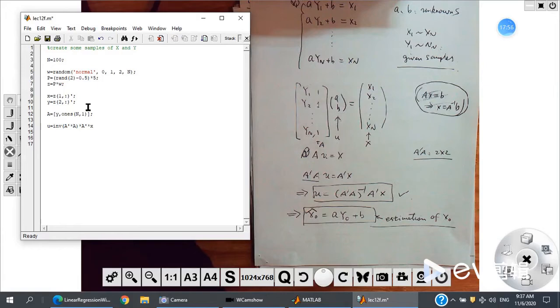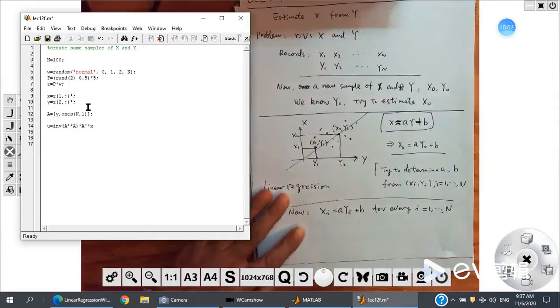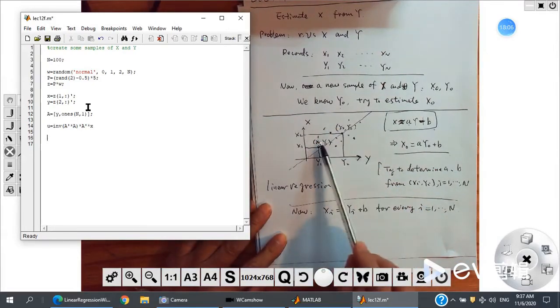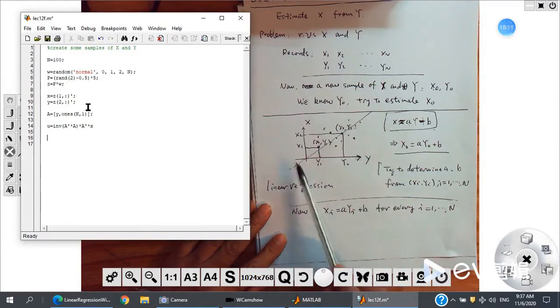I don't do it, but we can show this line, right? Actually, we will have a thing that looks like this. So we have some dots, and we can have a line. And let me show what this line is.